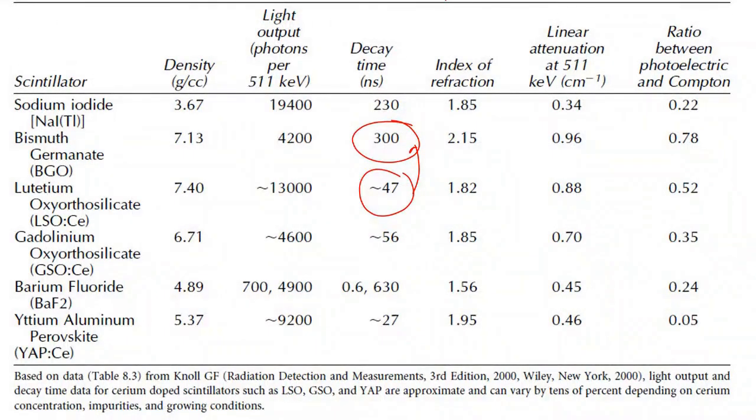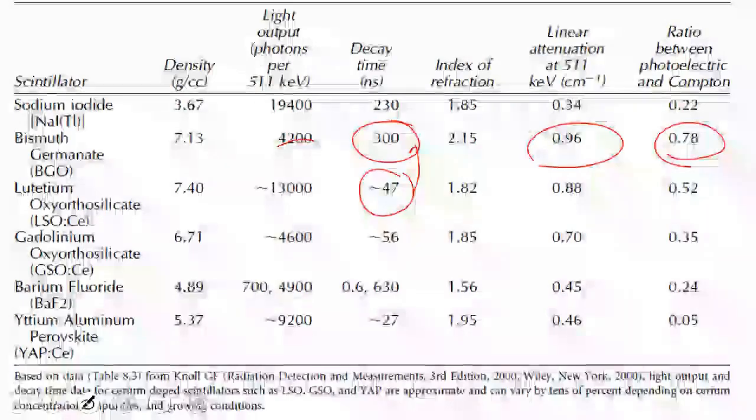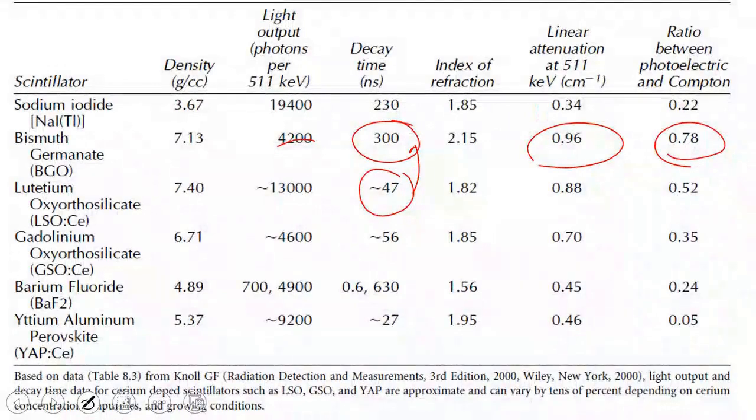However, the photoelectric ratio is higher, and its attenuation coefficient is also high. It stops the photons that fall on it better than lutetium oxyorthosilicate, which gives you a higher sensitivity. That's why they always tell you, if you want resolution, go for lutetium oxyorthosilicate.